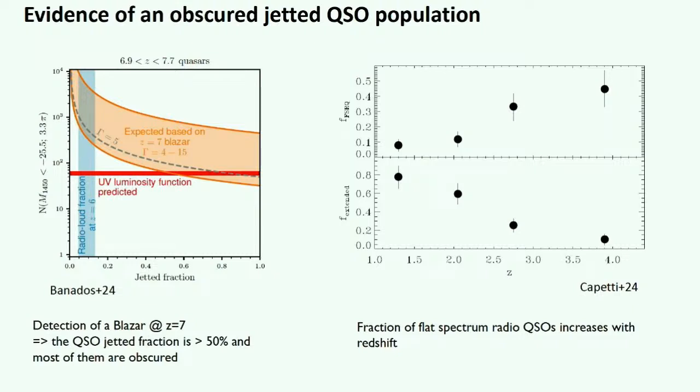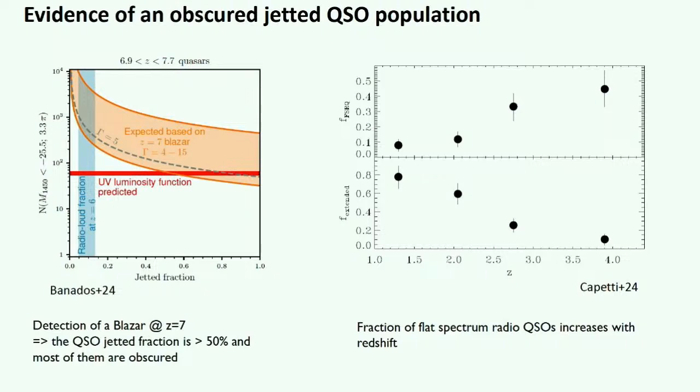In a similar way, in this paper here, posted a few days ago on astro-ph, the authors find that the fraction of blazars, flat spectrum radio quasars, in a sample of radio-selected objects is significantly increasing with redshift.